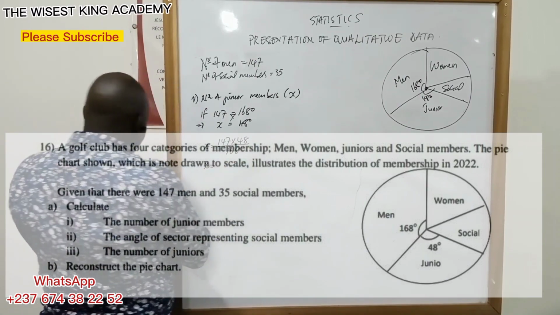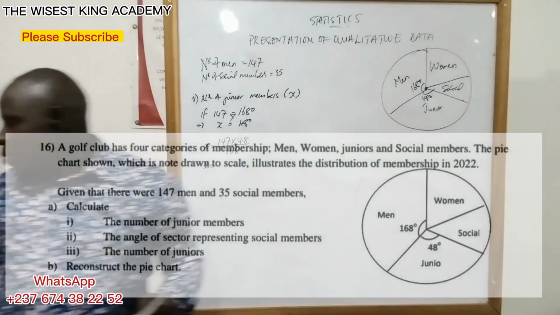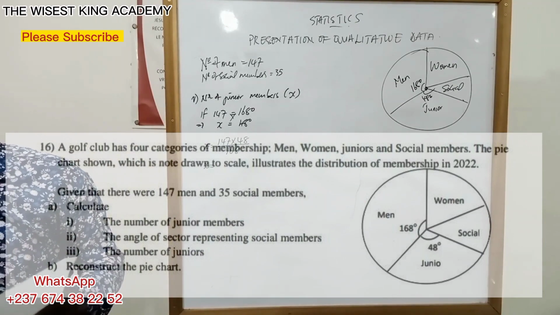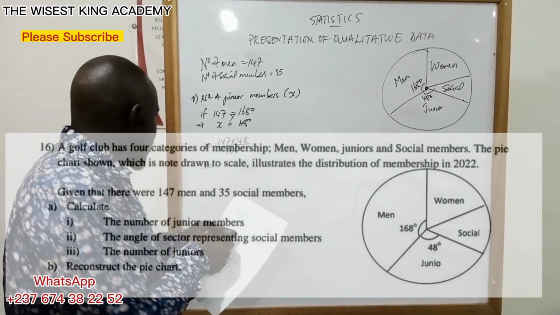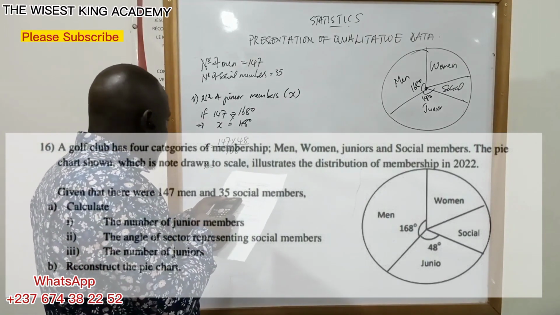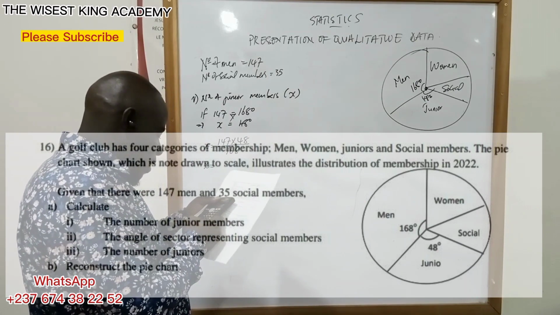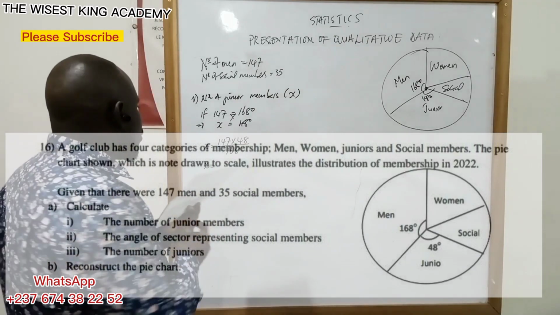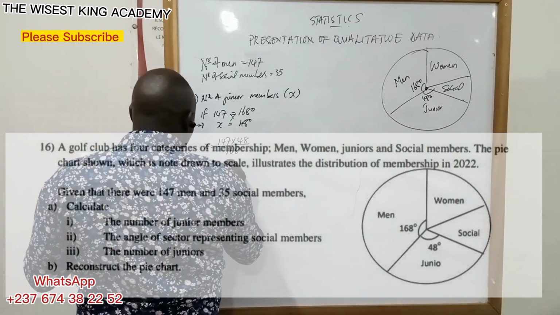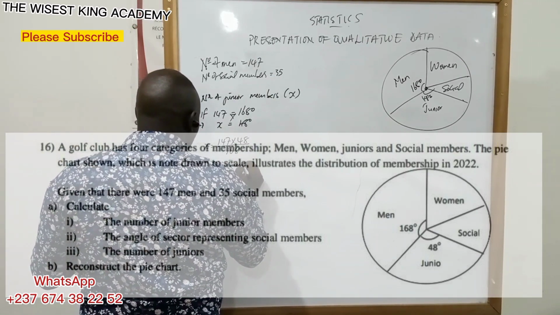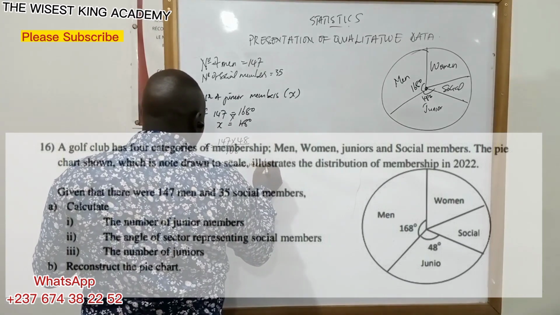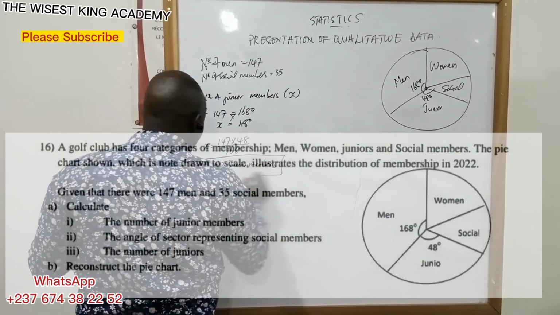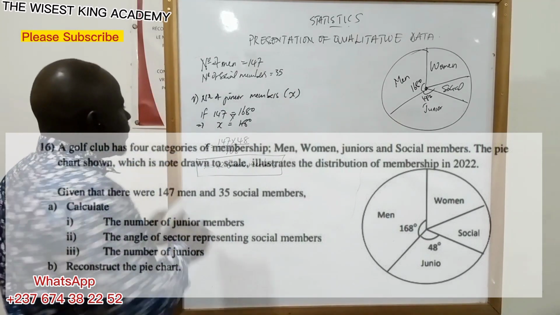So how many junior members are there? That is 42. So there are 42 junior members.